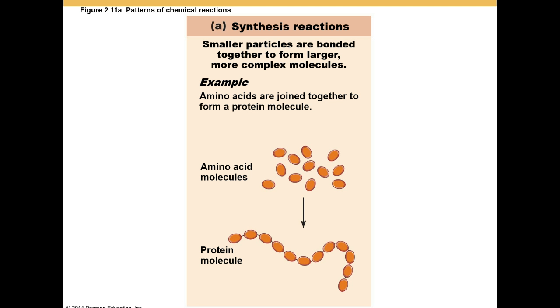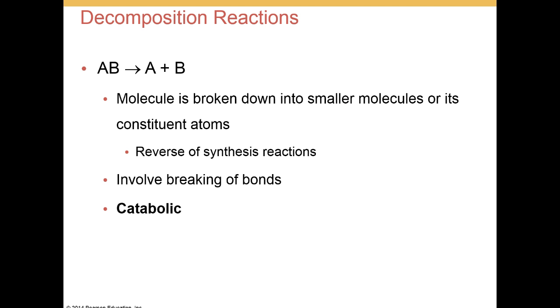Here's an example of a synthesis reaction. So we have individual little amino acids, the building blocks of the proteins, the monomers of proteins, put together to form a larger, more complex protein. Synthesis, anabolic. Then we have our decomposition reaction.